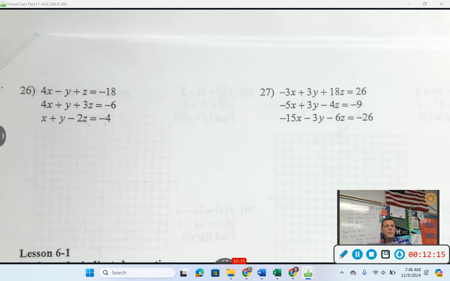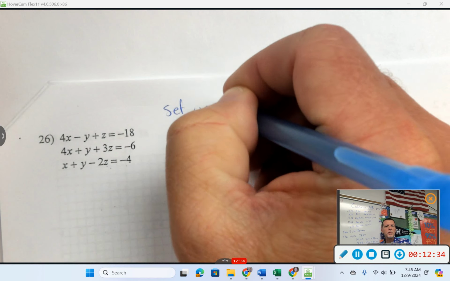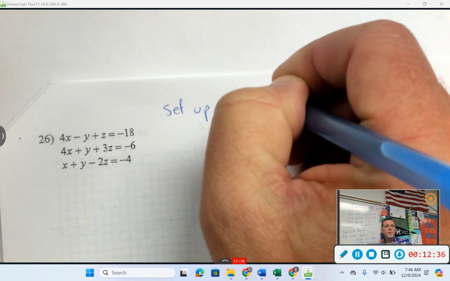Uh, 26 and 27 look worse, and I guess they are worse because they're bigger. But this is why we like the matrix version. It's a whole lot easier to do a matrix solve than a by hand solve for 26 and 27. So again, the instruction will change a little bit. We'll just say set up the matrix equation.